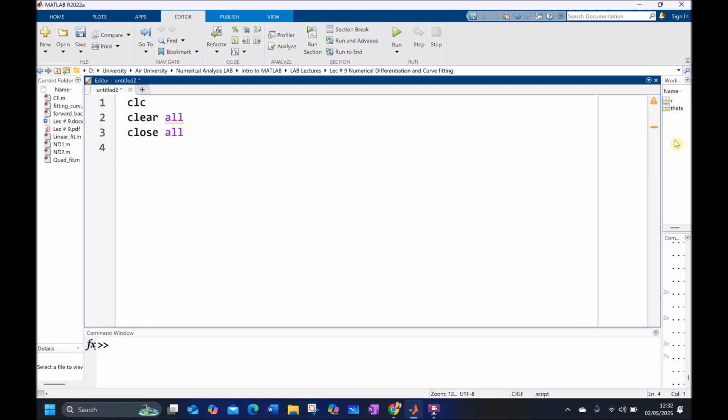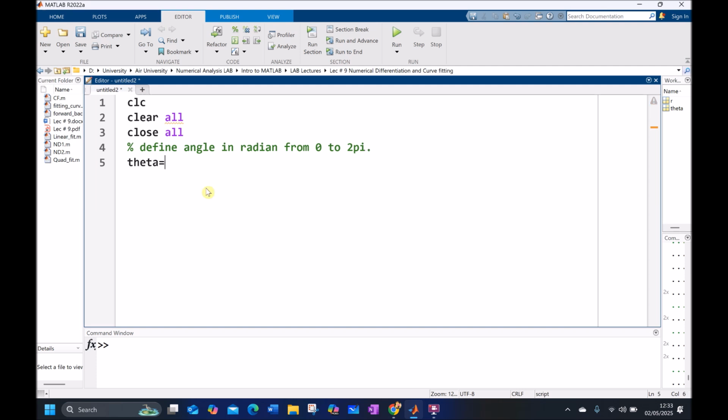After that, we need to define an angle in radians from 0 to 2 pi.